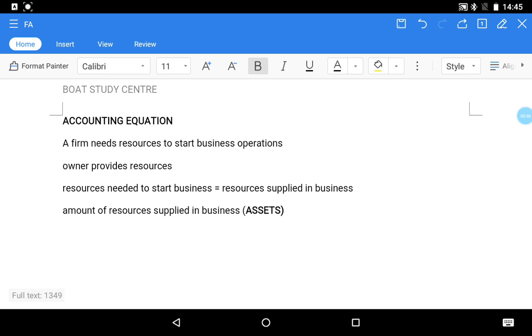In our previous video about elements of financial statements, we talked about assets. If you sell or use them, you will get money, and they have types. You can go and watch that video. So the amount of resources supplied in business is called assets.